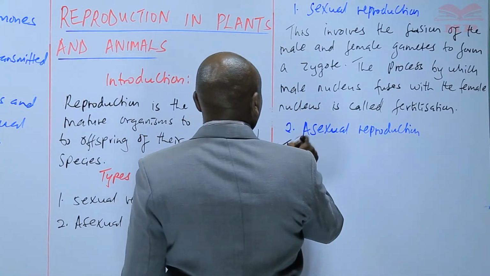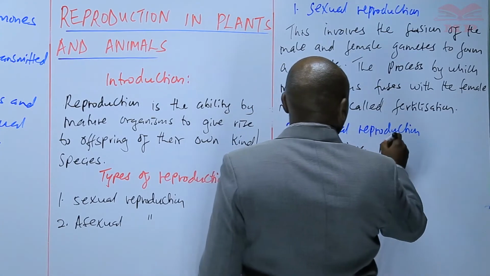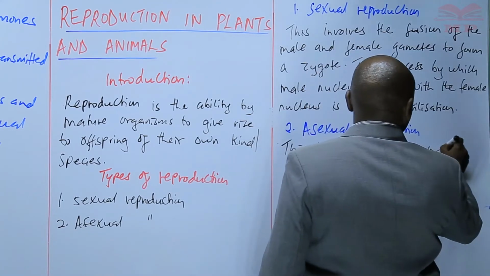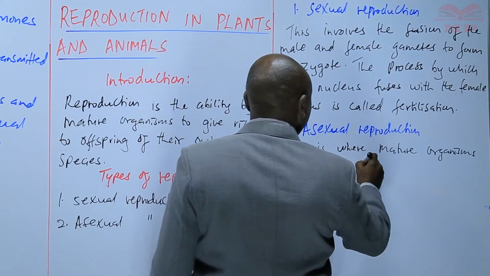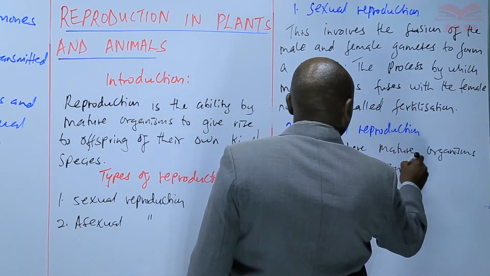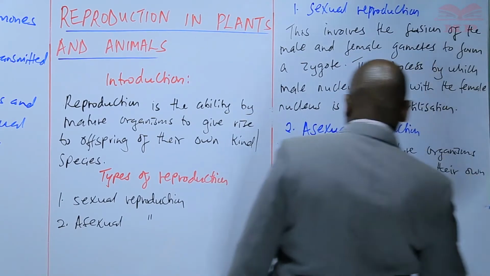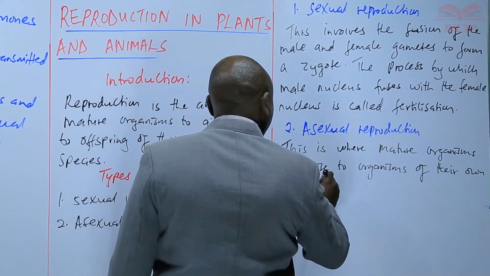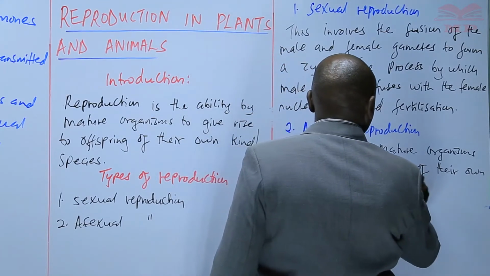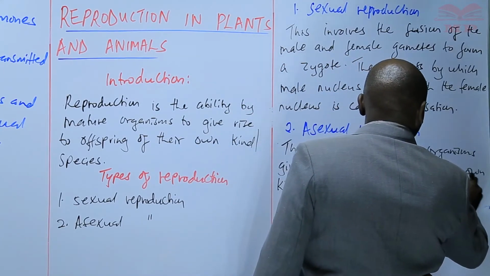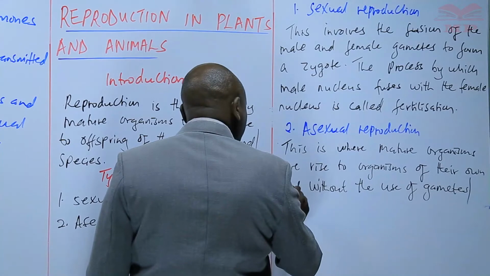So this is where mature organisms give rise to offspring without the use of gametes, or we can say without fertilization.